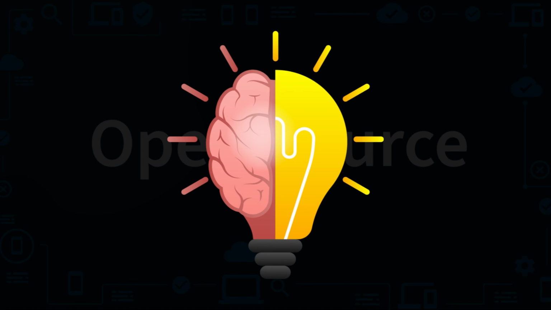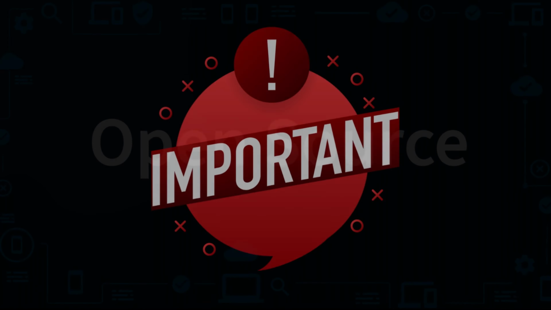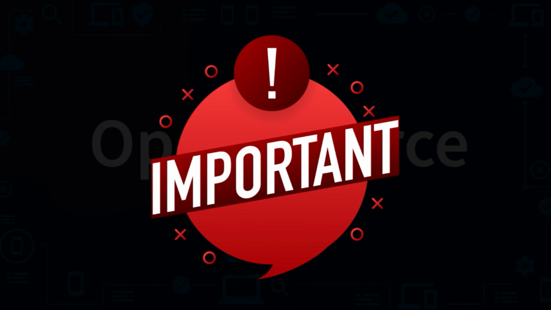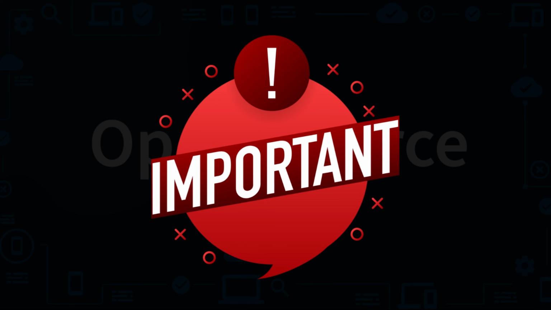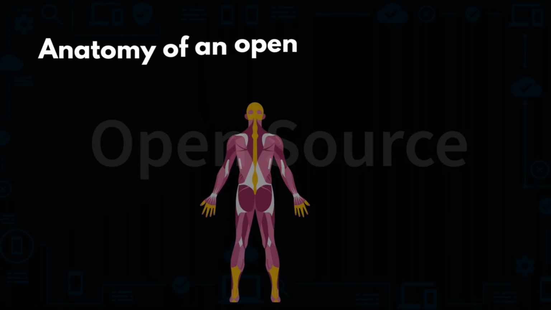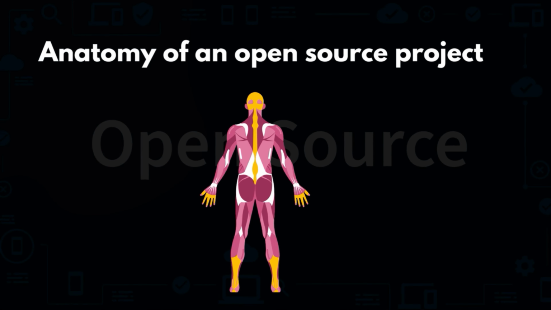So let's talk about an important topic which I think is really important for most new developers who want to contribute to an open source project. You have to understand the anatomy of any open source project. We humans have our structure, leg, hand, stomach, and we have a proper anatomy. In the same way, every single project has its own anatomy. You have to understand that. Every open source community is different from one another.